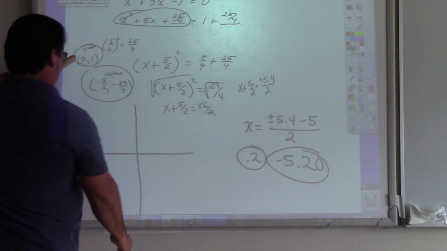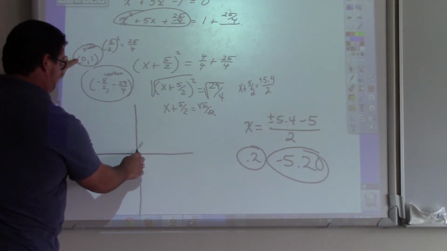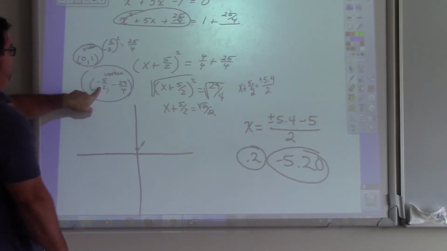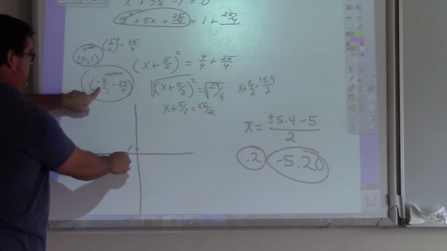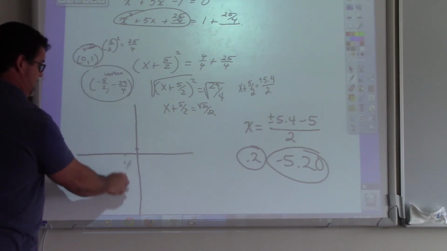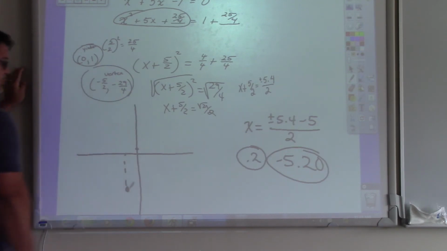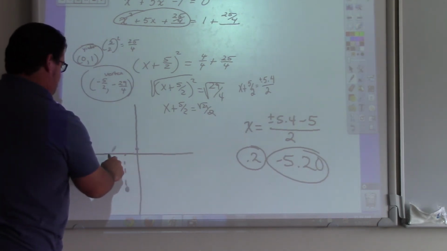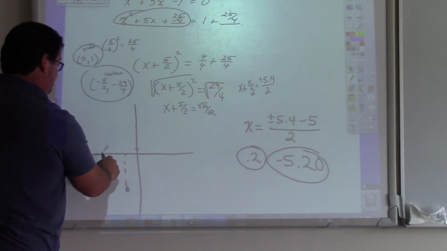Yeah, right. 0, 1. Vertex is negative 2.5 and negative 7 1/4 down here. Okay, now something's wrong. Something's wrong because it's not lining up.